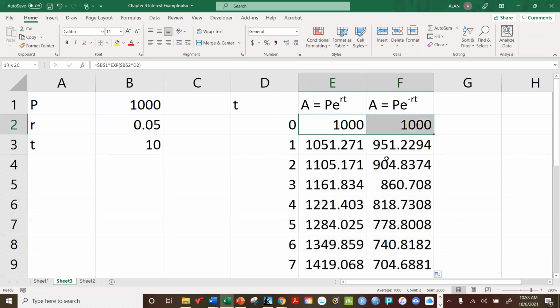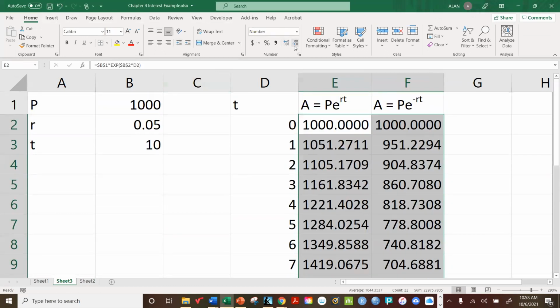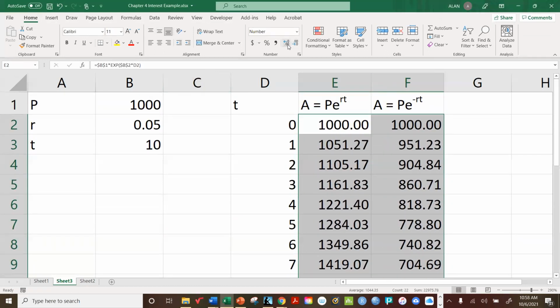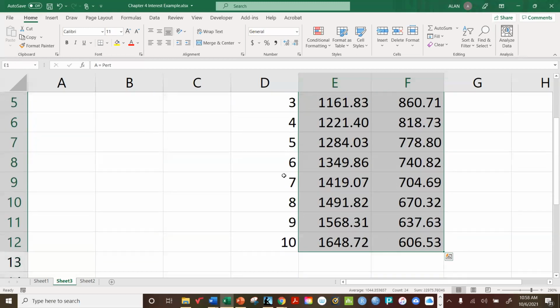And you can see clearly they're going in opposite directions. All right, let me just clean this up a little. Let's just show dollars and cents. And then let's graph them. All right, so let's see what we can do with this.